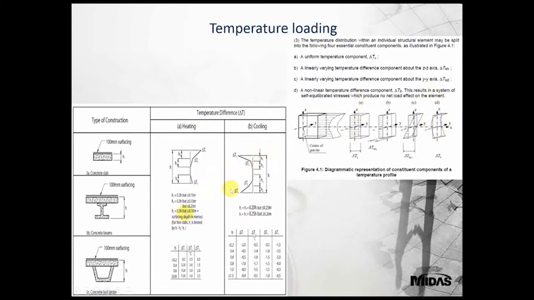Okay, so for the nonlinear temperature difference component, here you can see the drawing for it and the applied temperature loadings. As per the drawing over here, we're going to apply DT1 as 13 degrees, decreasing to 3 degrees because our section is larger than 0.8 meters.